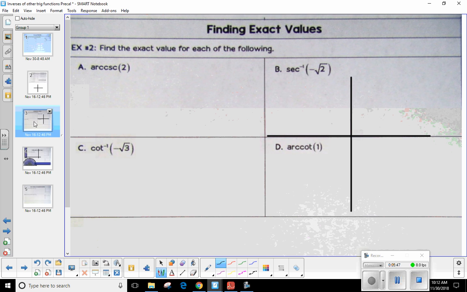So let's see. Arc cosecant of 2. What does that arc mean again? Yeah, that's just inverse. Arc cosecant of 2 is exactly the same as cosecant inverse of 2. Now, to evaluate these new inverse trig functions, we're just going to take the reciprocal. What's the reciprocal of cosecant?